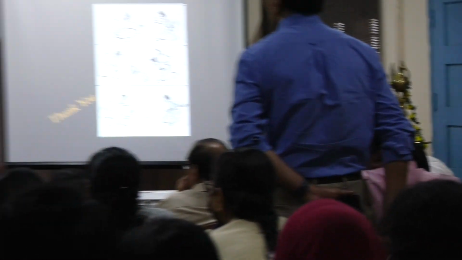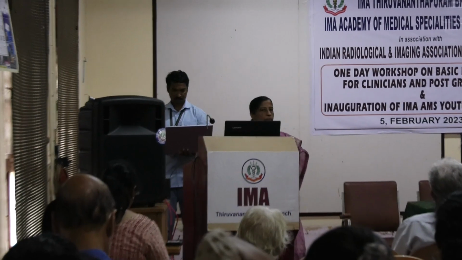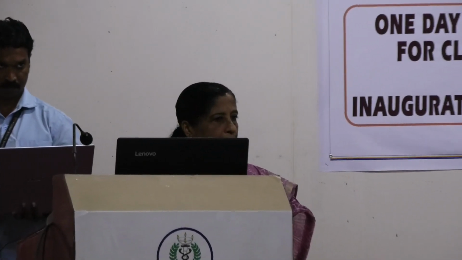So, rib fracture. If you are taking a chest X-ray PA view, that means the anterior ribs are close to your imaging plate. So anterior ribs will be better seen on the PA chest radiograph, and when you take an AP radiograph, the posterior ribs will be close to the imaging plate and will be better delineated.